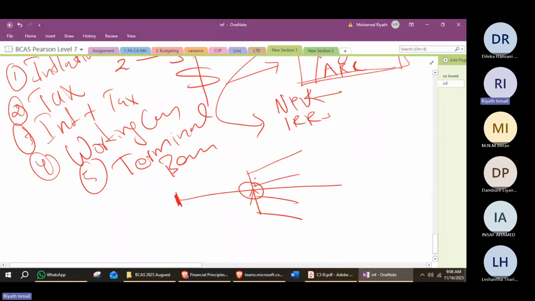So we have to forecast about this thing, and we decide how much investment it requires, how much working capital, by using this machine or the plant, what product we are going to make, and what's the demand for the product, the selling price, and operational cost contribution. Everything we forecast, right? And we calculate NPV.